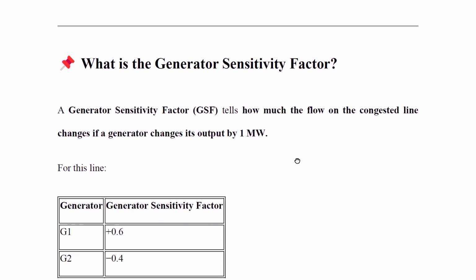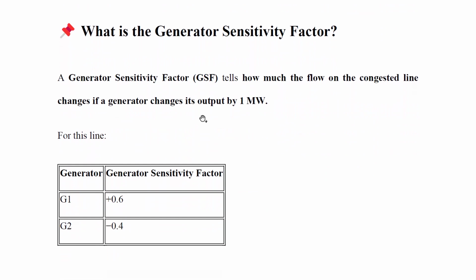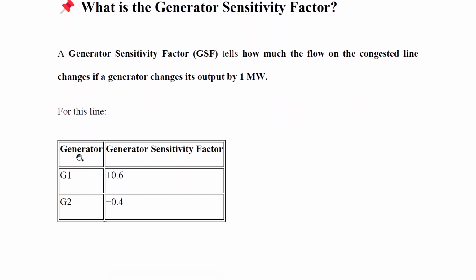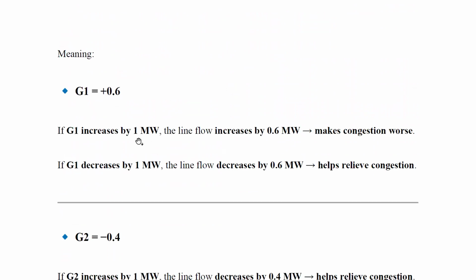So what is the generator sensitivity factor? The generator sensitivity factor tells how much the flow on the congested line changes if the generator changes its output by 1 megawatt. For example, for this line, for generator 1 we take the GSF as plus 0.6, and for generator 2 we take the GSF as minus 0.4. Generator 1 has a GSF of 0.6, which means if generator 1 increases by 1 megawatt, the line flow increases by 0.6 megawatt.